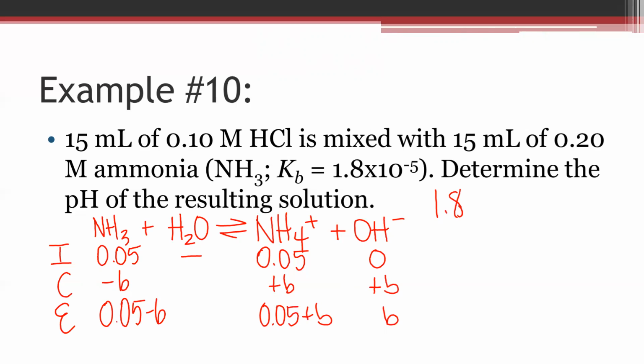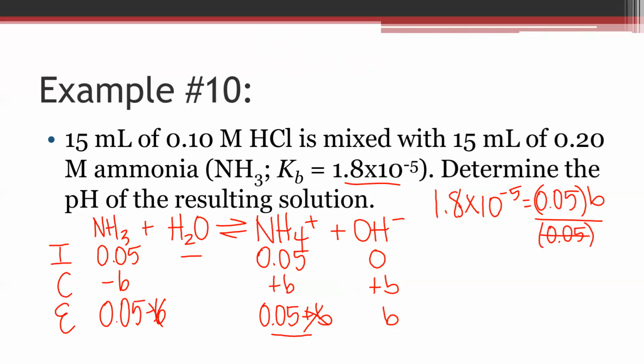So the Kb is given 1.8 times 10 to the negative 5 equals, then I've got the 0.05 plus B, I'm taking off the plus B, so it's just 0.05 times B for the hydroxide over, I'm going to take off the minus B, so just over 0.05.